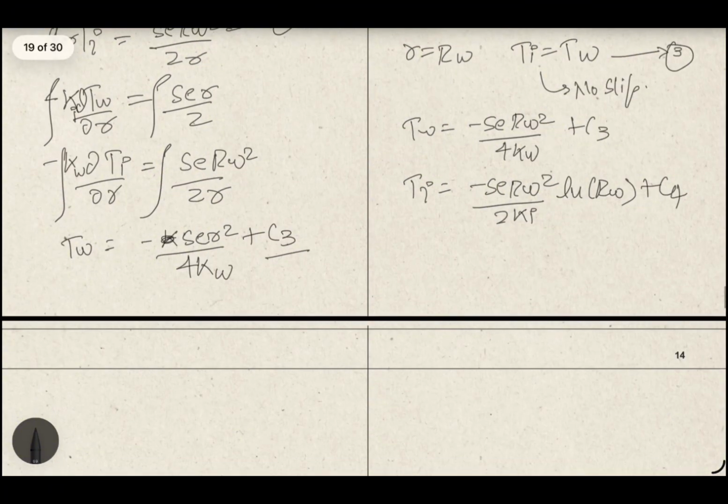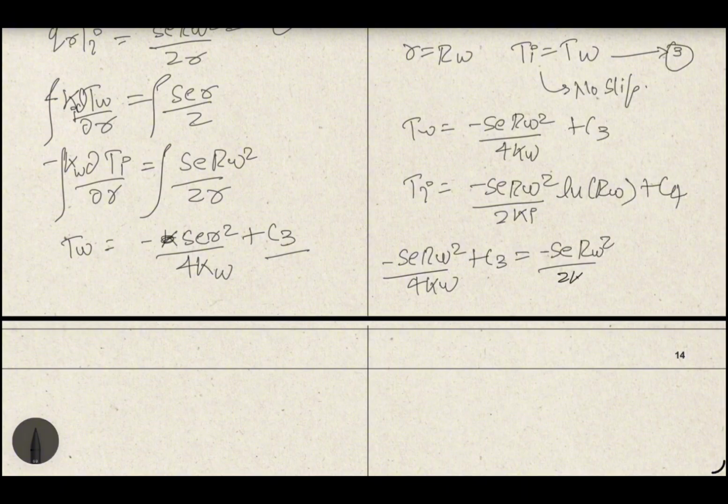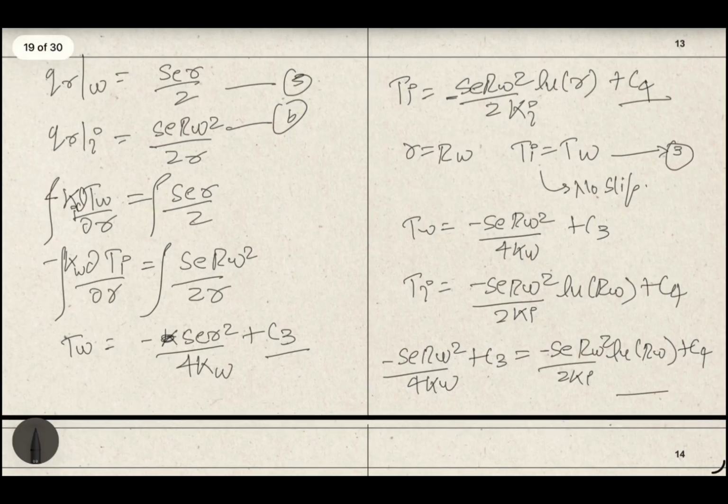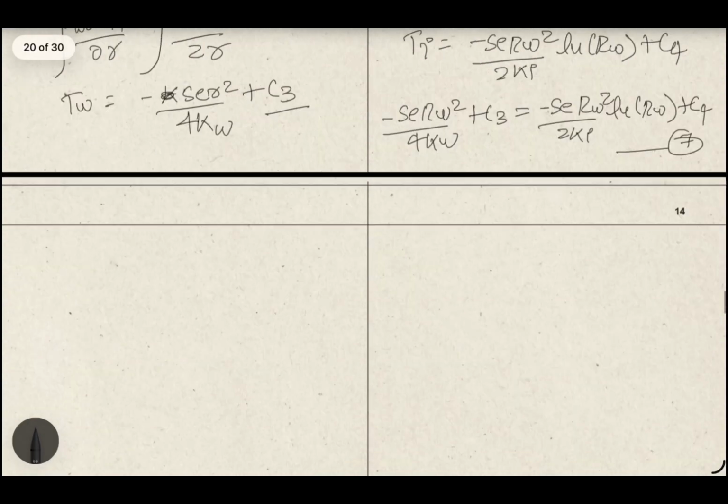We equate them: -S_E R_W^2/(4k_W) plus C3 equals -S_E R_W^2/(2k_I) ln R_W plus C4. This is equation 7. We will keep it aside for now.